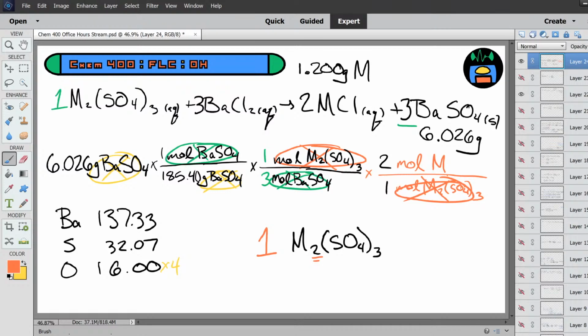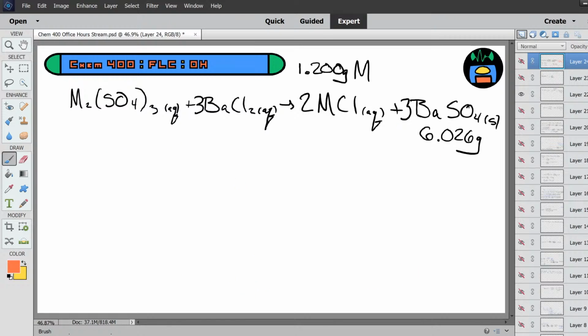So let's crunch these numbers. 6.026 divided by 185.4 times 1 divided by 3 times 2. So I'm getting 0.021, let's see, 4 sig figs, 67 moles of metal. Now, for our molecular weight, let's get this in black.